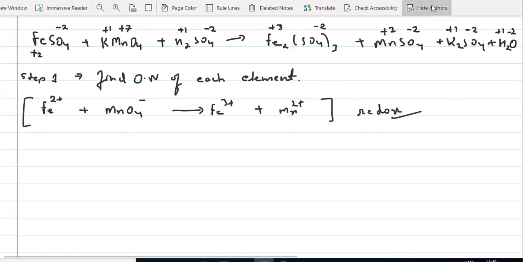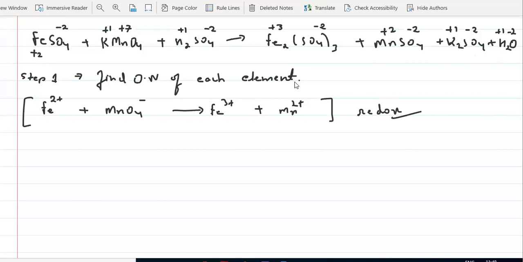Everything else is your spectator ion. Is the charge changing on H2O? No. Hydrogen is +1 only, oxygen is -2 only. What I told you in the last class about spectator ions: spectator ions are the ions in which the oxidation number does not change.